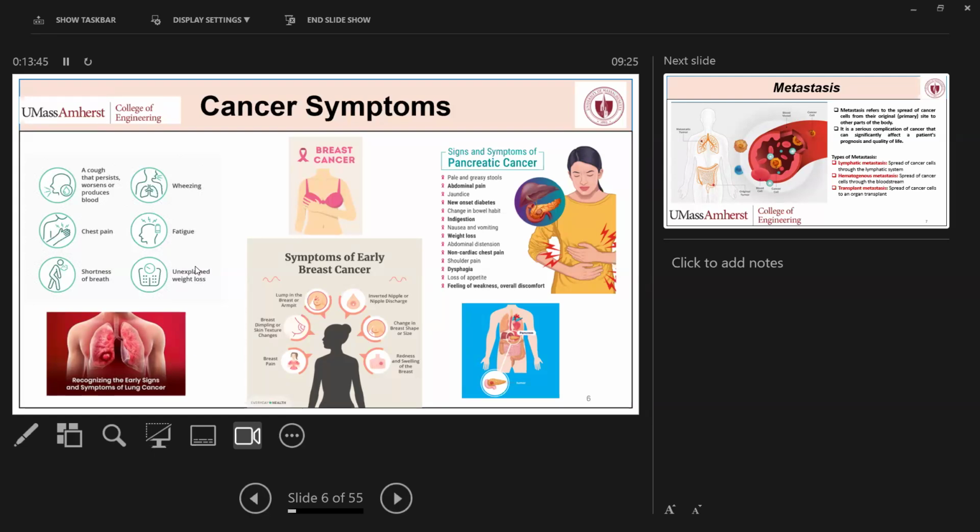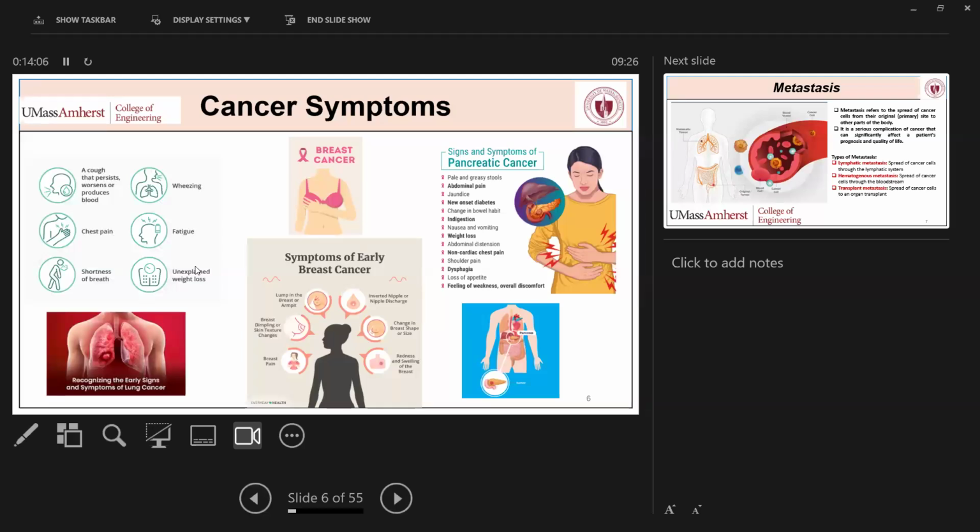And as I mentioned, one of the deadliest cancers with a low survival rate is pancreatic cancer. The symptoms are so vague that there is no way you would say, I have pancreatic cancer.